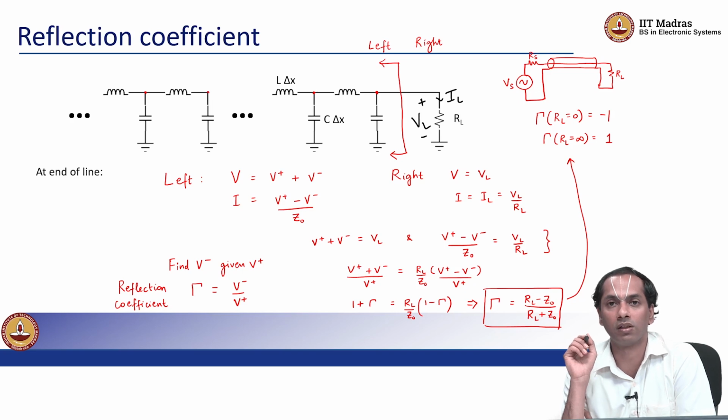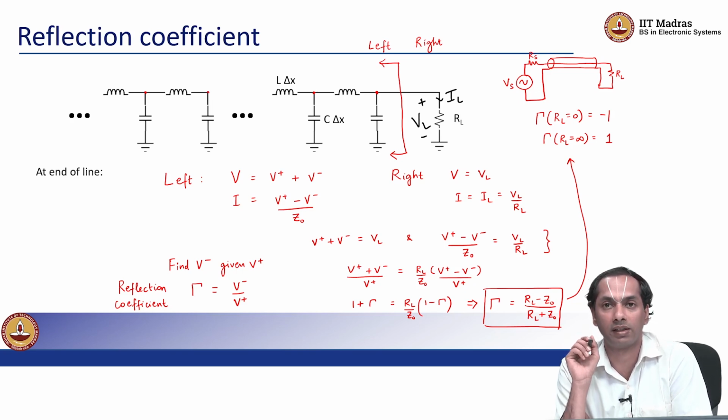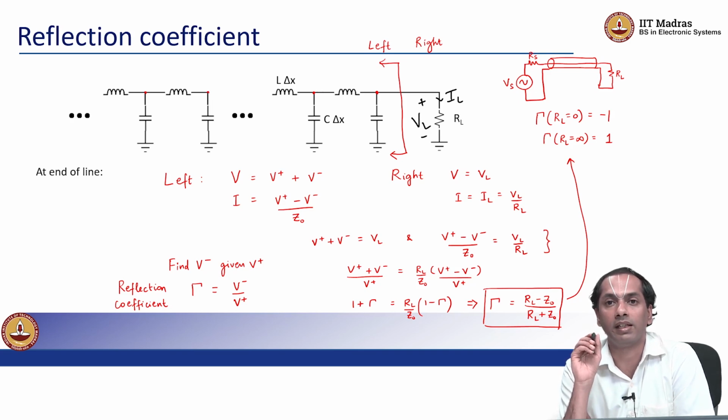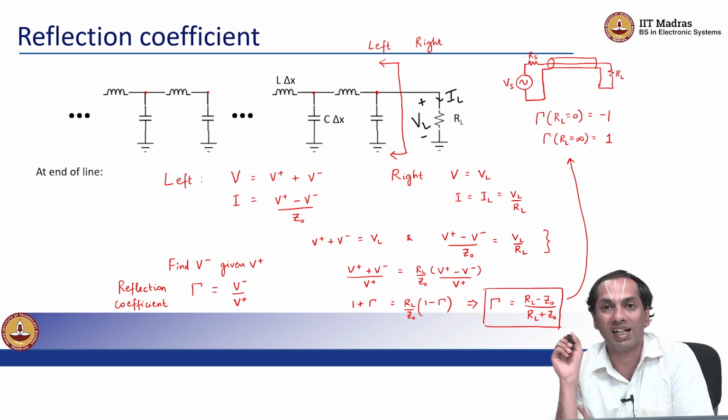So remember, Z0 we said was square root of L by C, it was just a proportionality constant till the last slide.